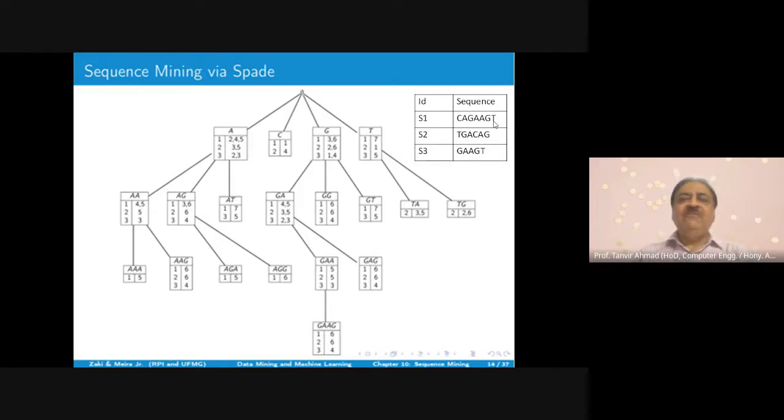But here you find when I develop AT, I get only two transactions, and therefore it does not have the minimum support, and therefore AT will be deleted or not considered because you cannot develop any further extensions of AT. Similarly, you do for GA, GG, GT, TA, and TT.